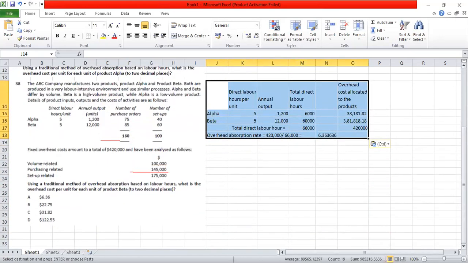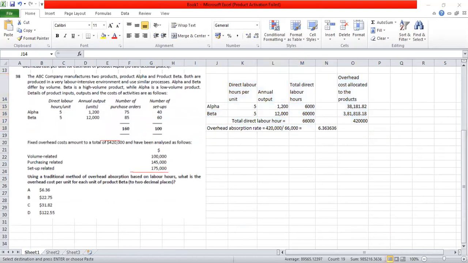We are asked to calculate the overhead cost per unit. These costs divided by the number of units gives us the cost per unit. So in one step, let's finish this one.